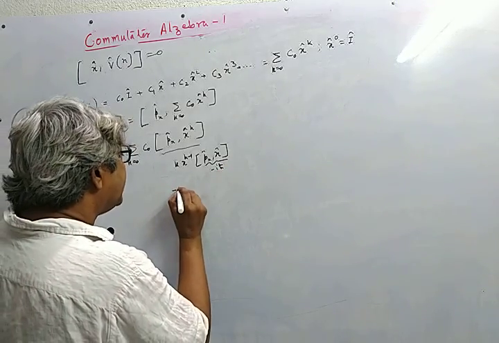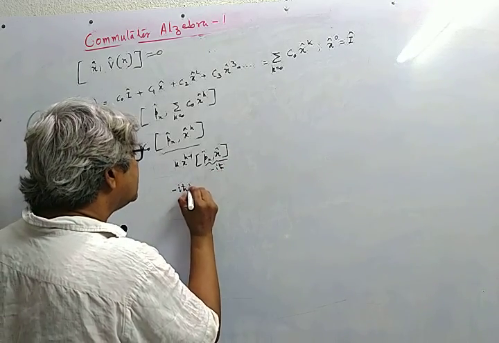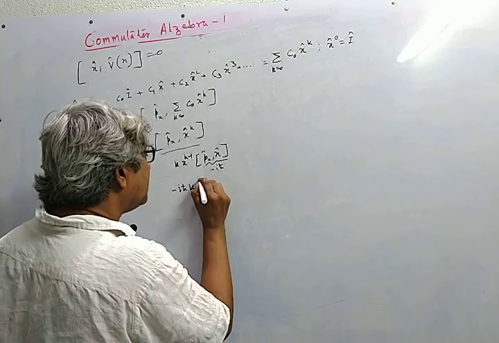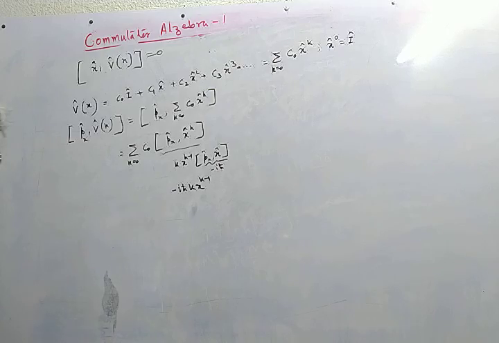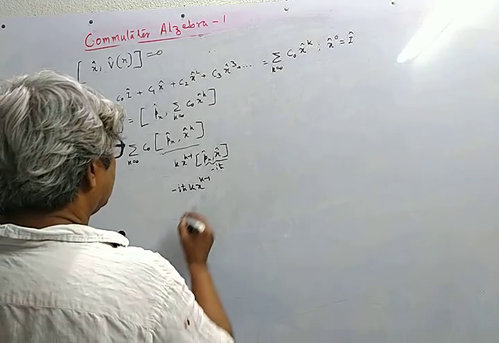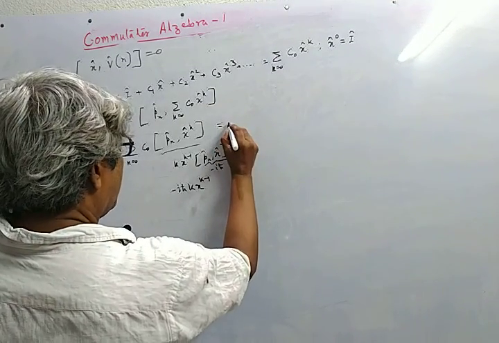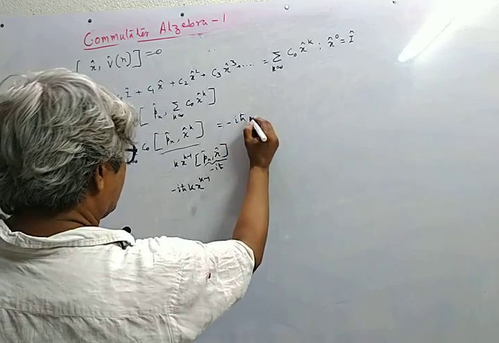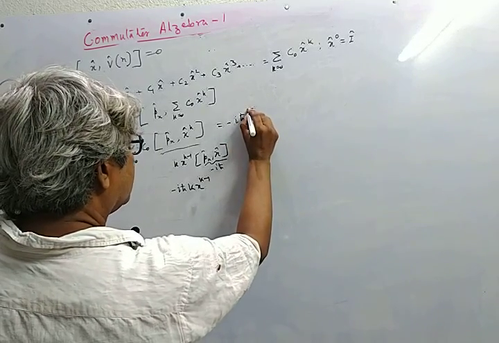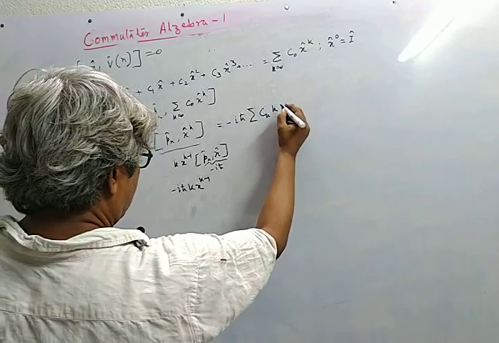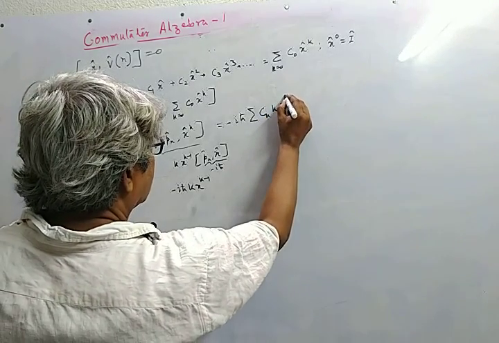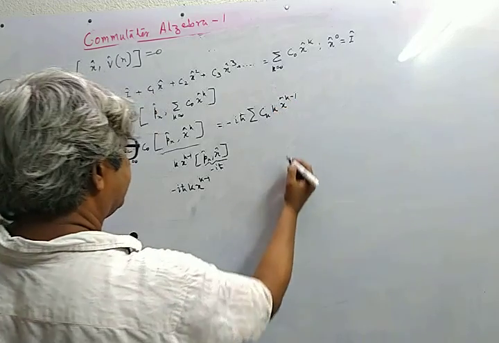So this is minus i h cross k x to the power k minus 1. So the result is minus i h cross, out of the sum, then Ck k x to the power k minus 1.